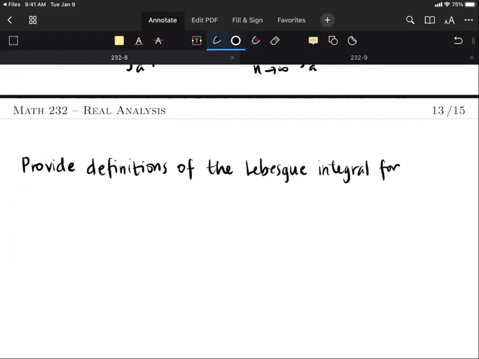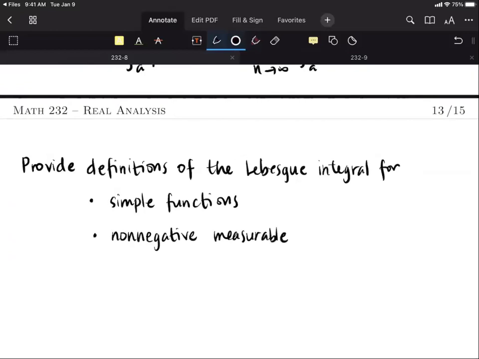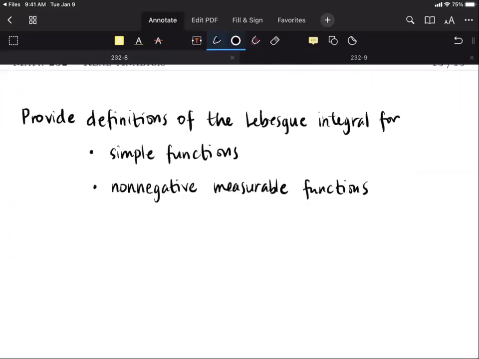The first step, we do this for simple functions. Next, we do this for non-negative measurable functions and for general functions. And we will be precise what functions are these later.